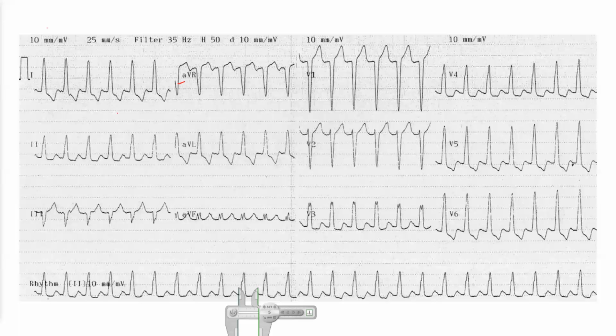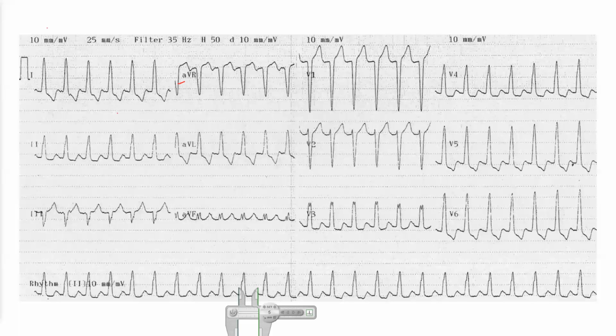There is a notch, or it's a wide QRS complex. We all know that a normal QRS complex should be less than 0.12 seconds. And anytime that there is a widened QRS complex, this is a manifestation that there has been a problem in the conduction of electrical impulses in the ventricles. And therefore, it causes a wide QRS complex.